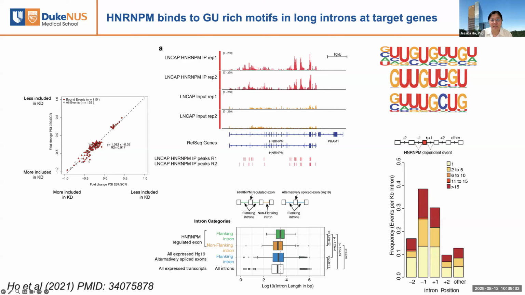And these introns, the -1 and +1 introns, always happen to be much longer than any other expressed intron in the cell. So because of this architecture, HNRNPM was able to exert its very specific effects on the pool of 135 transcripts that it regulated.